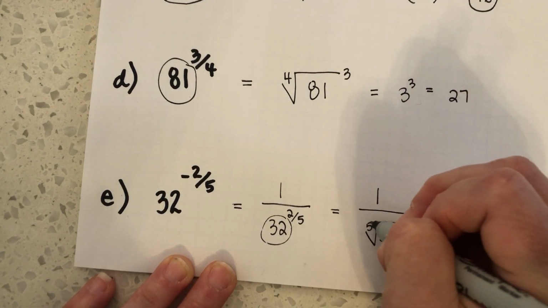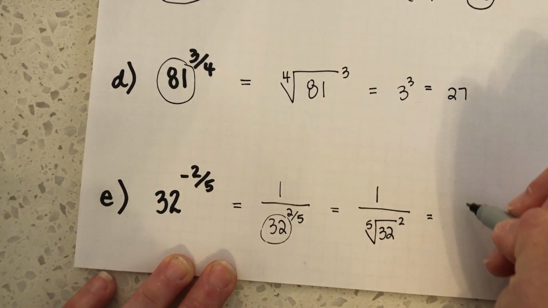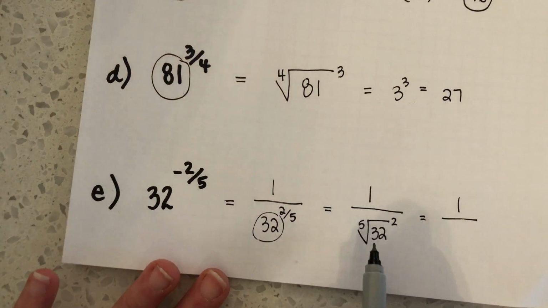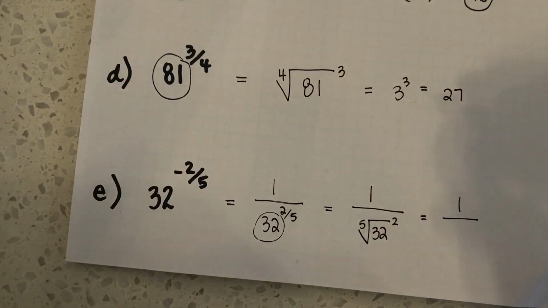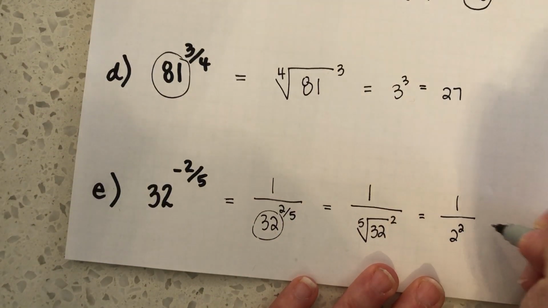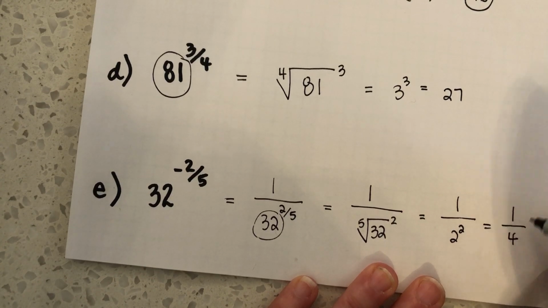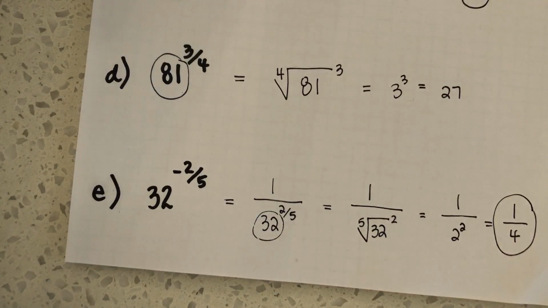So a root of 5 to a power of 2. So it'll be 1 over, what's the 5th root of 32? Well, go to your 5th roots. The 5th root of 32 is 2. So then 2 squared is 4, so it's 1 over 4. And 1/4 is your answer, okay?